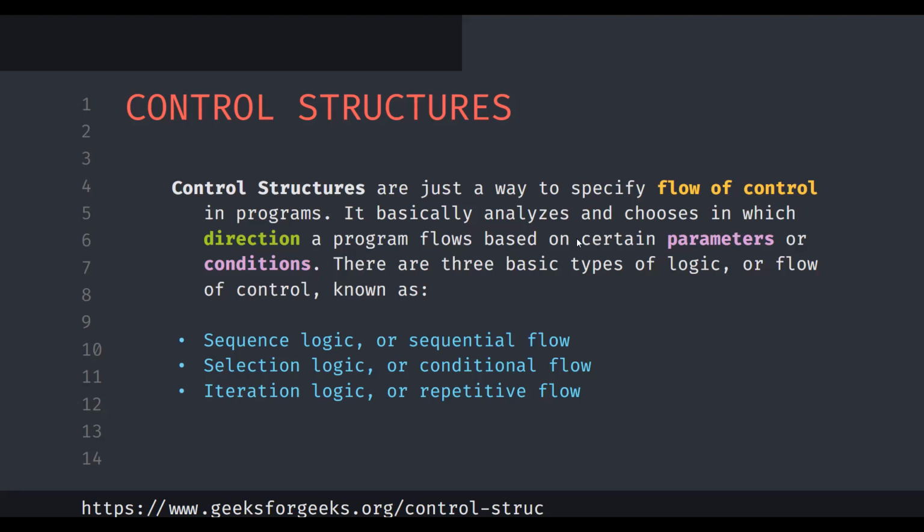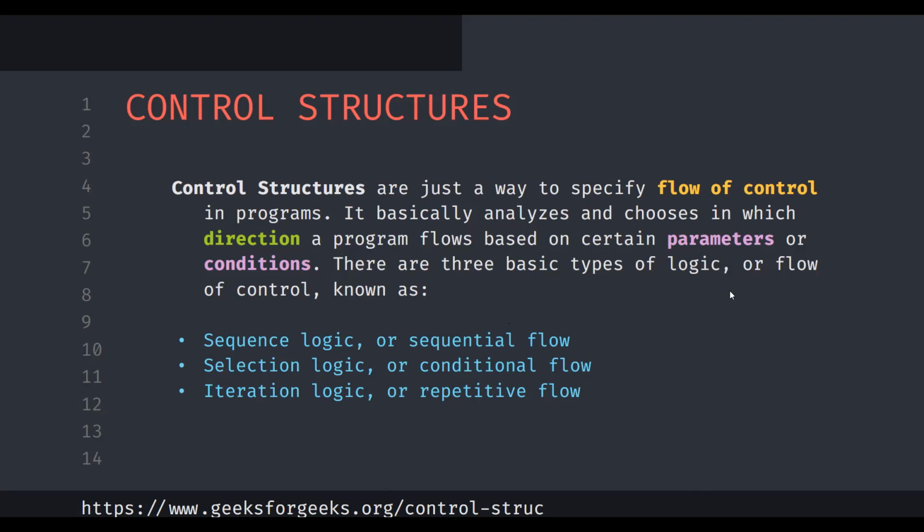So there are three such ways: sequential flow, conditional flow, or repetitive flow. I have taken this from GeeksforGeeks. You can visit that web page and do your own self-learning there.